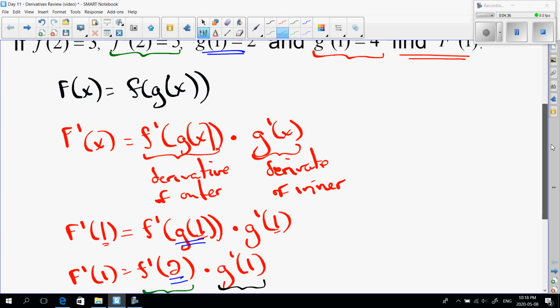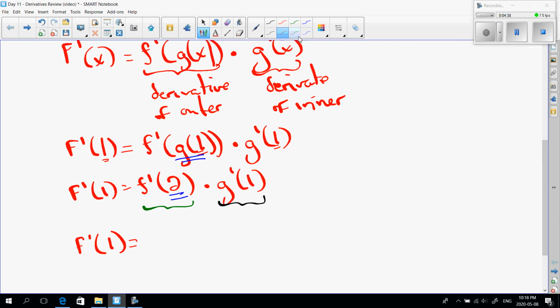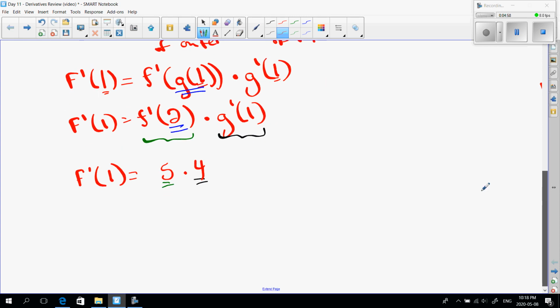So I can replace f prime 2 with a 5, and g prime 1 with a 4. So this is going to become 5 times 4, which is pretty simple. 5 times 4 is just 20. So capital F prime 1 would be 20.